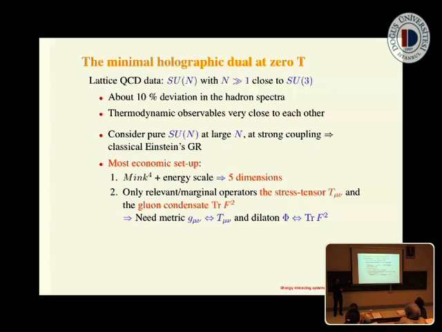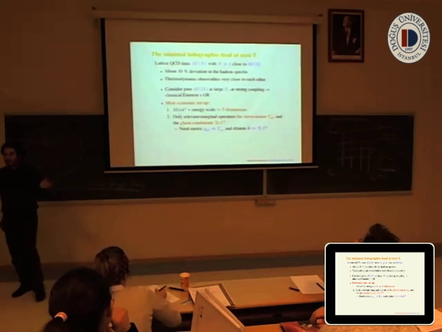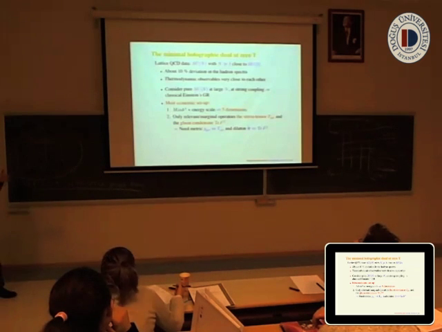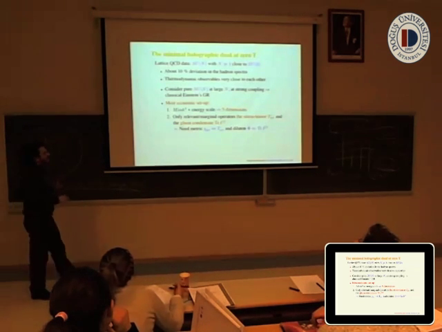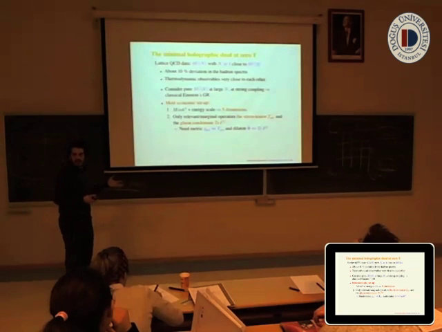If you take N to be large, then the quarks become non-dynamical. You can show that by quantum field theory calculations: quarks inside the loops can be neglected. So you can ignore the quarks, and replace the quark-gluon plasma with only a gluon plasma. I am aiming at describing the physics of this gluon plasma.